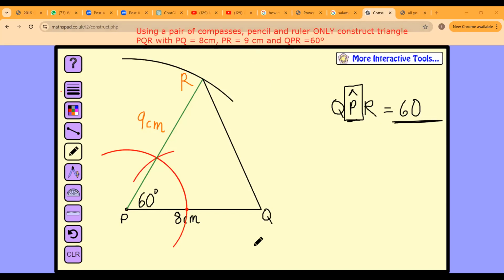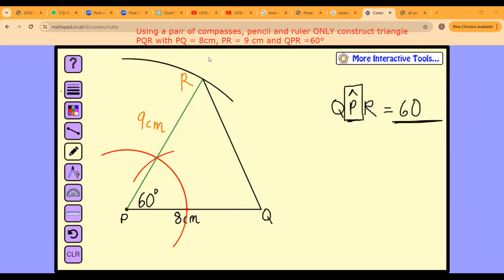I need Paul. Where's Paul? Yes, sir. I need you to explain how we got this triangle. So what's the first thing we did? We drew the line PQ, right?